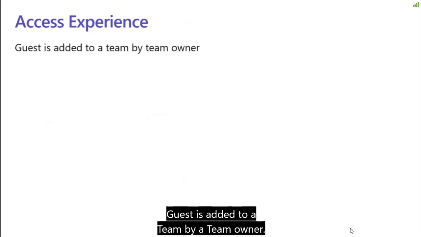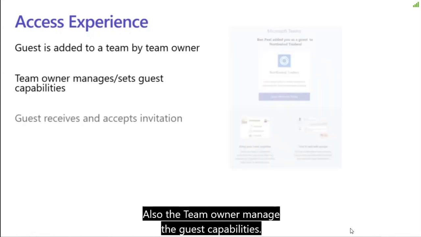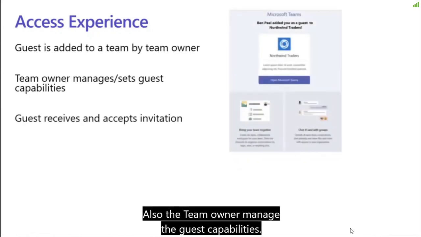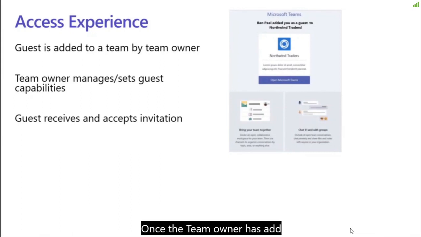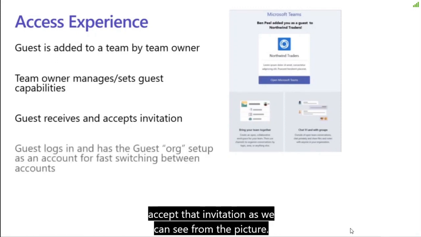A guest is added to a team by a team owner. As we spoke about, the team owner can add people as guests in your teams, and the team owner also manages the guest capabilities. Once the team owner has added that user, the guest receives and accepts that invitation, as we can see from the picture.